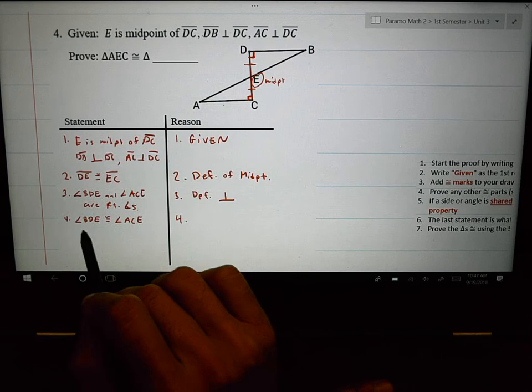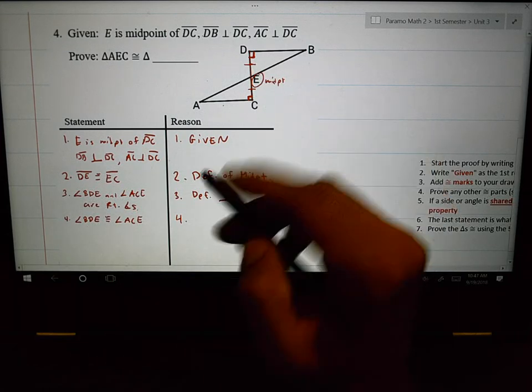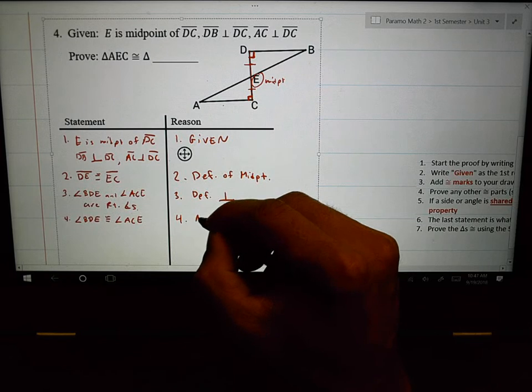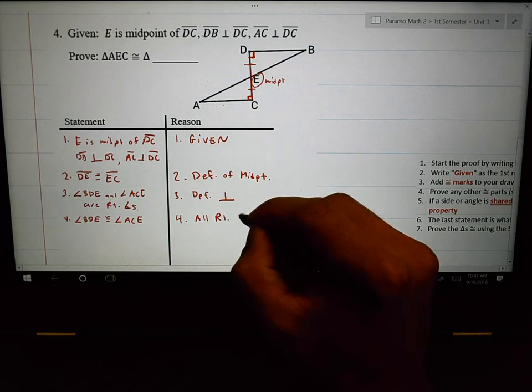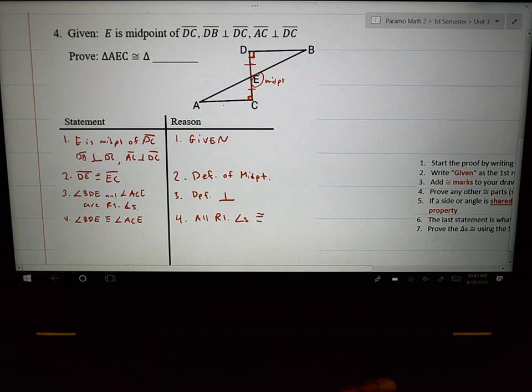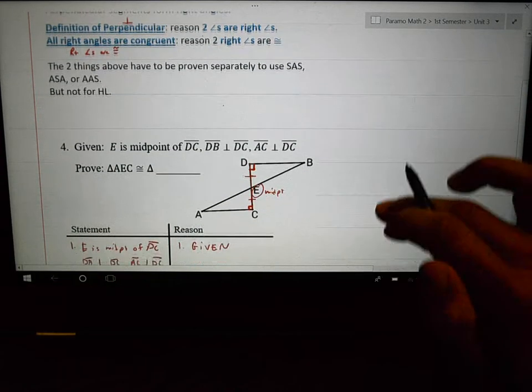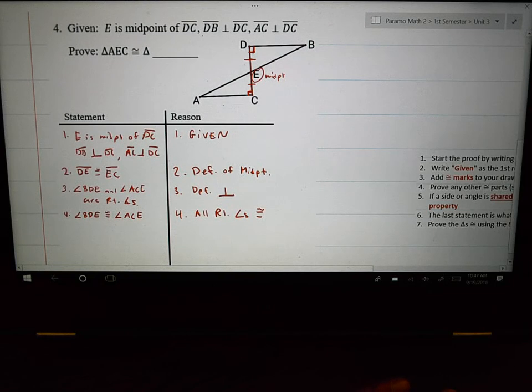If I'm saying that they're congruent to each other, how do I know? Since all right angles are congruent. That's what we wrote down earlier right there. All right angles are congruent is the reason why two right angles are congruent to each other.